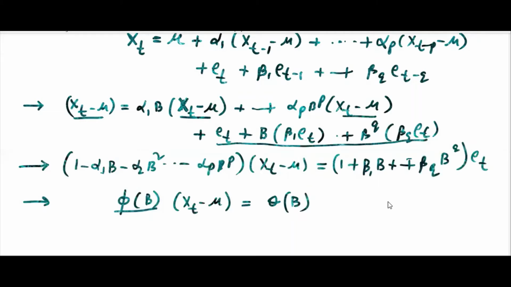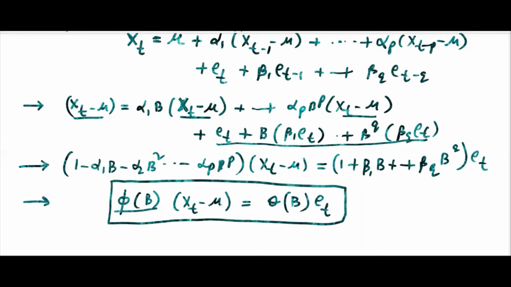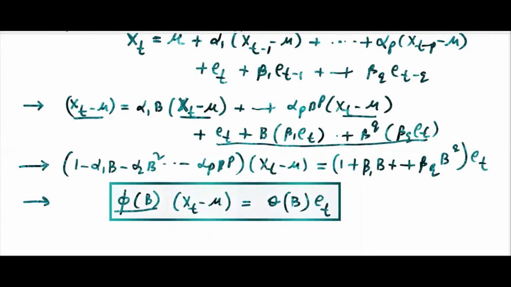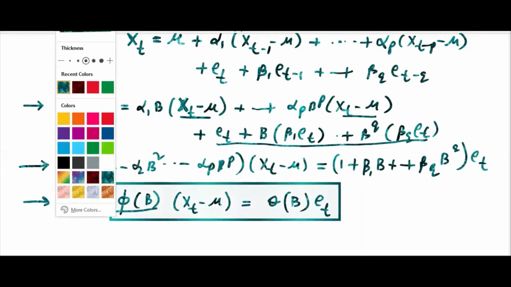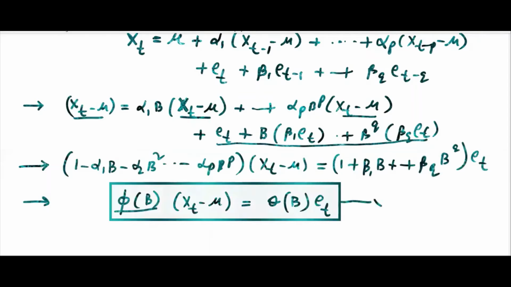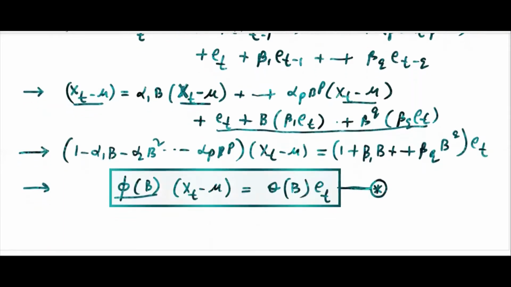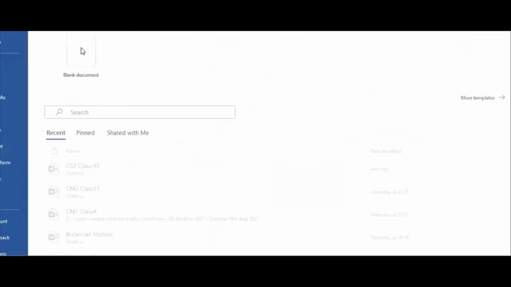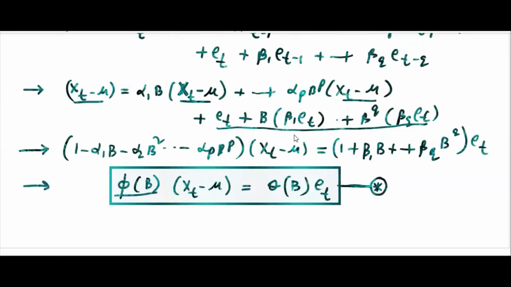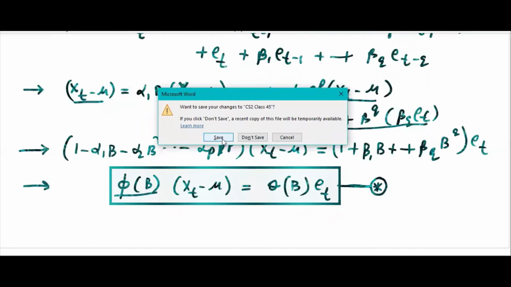If you write phi(B) here, you can write theta(B) here, times e_t. This one you need to remember; this is the general process. Sometimes you get questions directly like this. Although students know how to solve a problem, seeing this one, sometimes they leave the question. So you have to remember the general process as well, but we will not spend a lot of time here. Let's continue with the MA(1) process we started last time.